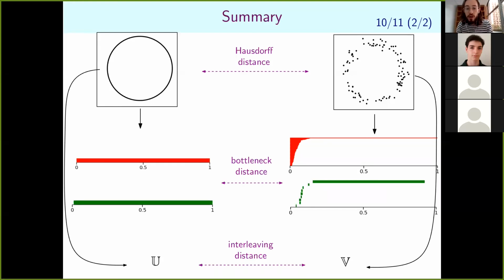And in real life, of course, our data sets are not very clean. But if they are still close to the hypothetical, to the theoretical data sets, we obtain comparable results. Okay, we obtain a barcode at the end that reflects the barcode of the theoretical shape that we are looking to understand.